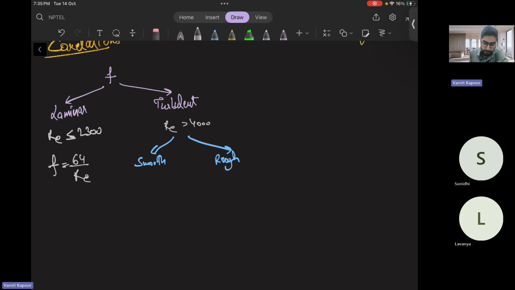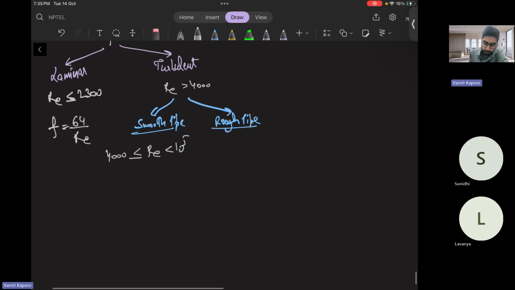So in a smooth pipe, where your Reynolds number is less than 10 to the power 5 and greater than 4000, these are smooth scenarios. Here your friction factor is 0.316 Re to the power of minus 1 by 4.